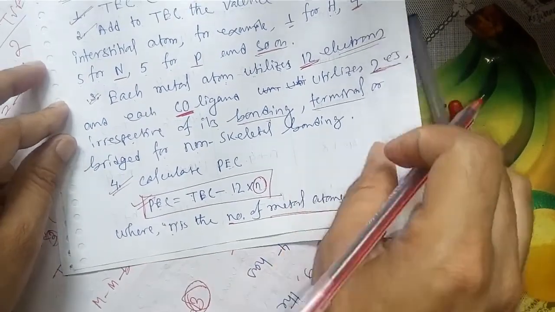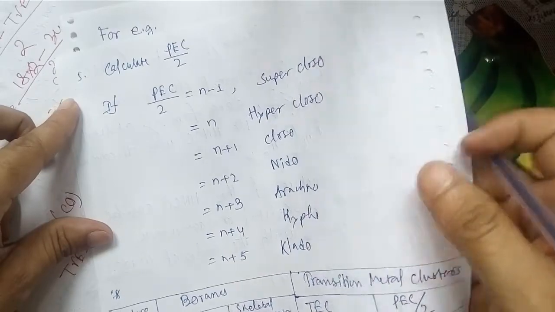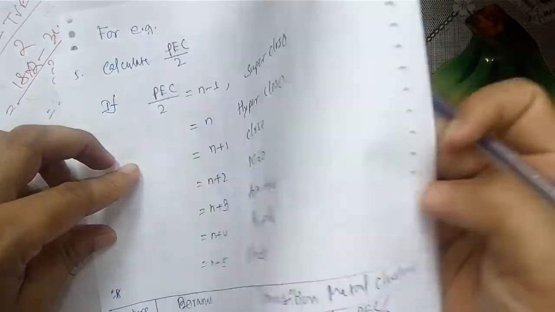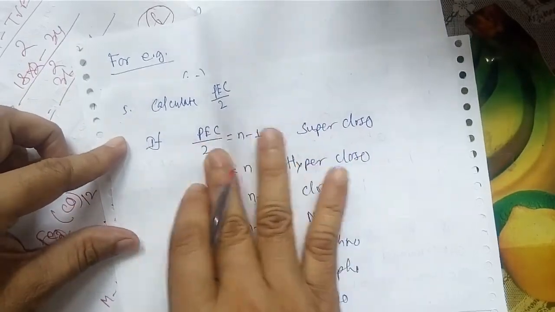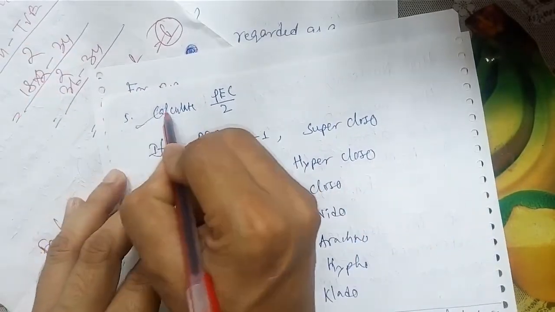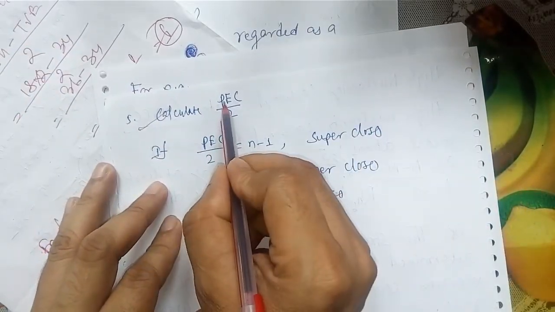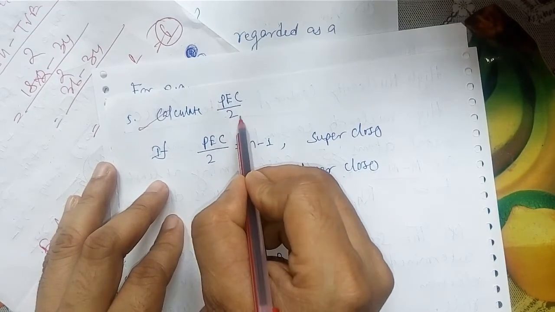Let me see another point. Number 5: calculate the polyhedral electron count divided by 2.